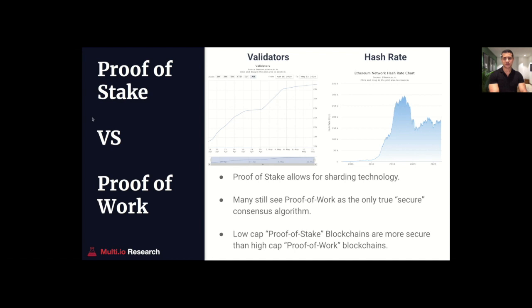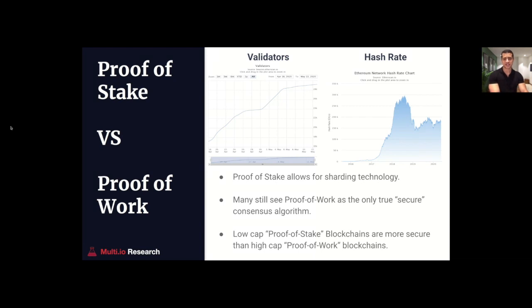When we compare this to the proof of stake chains that are on mainnet now, like Tezos and Cosmos, they have seen no threats to their security models from colluding nodes. And when we compare that to Ethereum Classic, which has suffered a 51% attack recently, these smaller cap blockchains with proof of stake have not even raised flags for possible attacks.